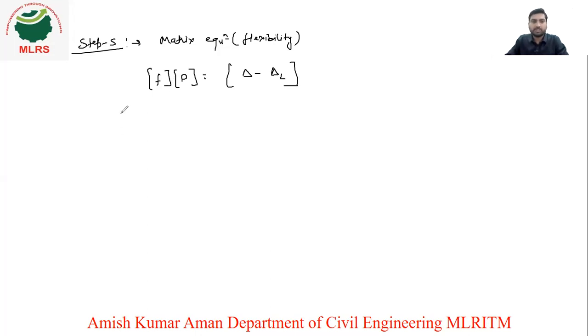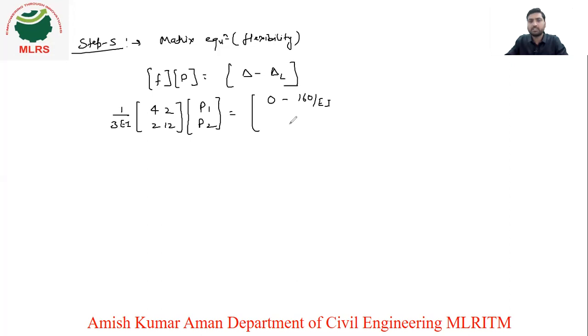So the flexibility matrix we will write here: 1 upon 3 EI into 4, 2, 2, 12, into the P matrix, the unknowns, that is P1 and P2. We need to find the delta value for this: 0 minus 160 upon EI. We have calculated delta 1L and delta 2L.